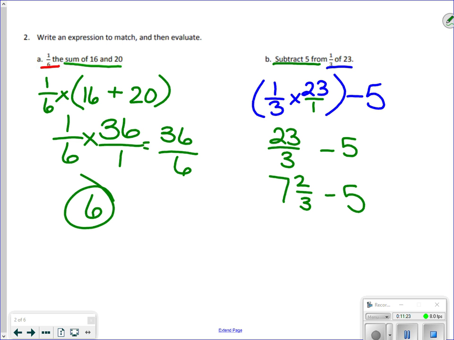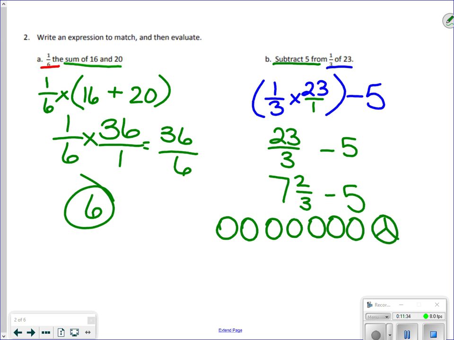I've got 4, 5, 6, 7. So, can I give away 5 of these? Yes. So, it's 2 2/3. I only got the 2.